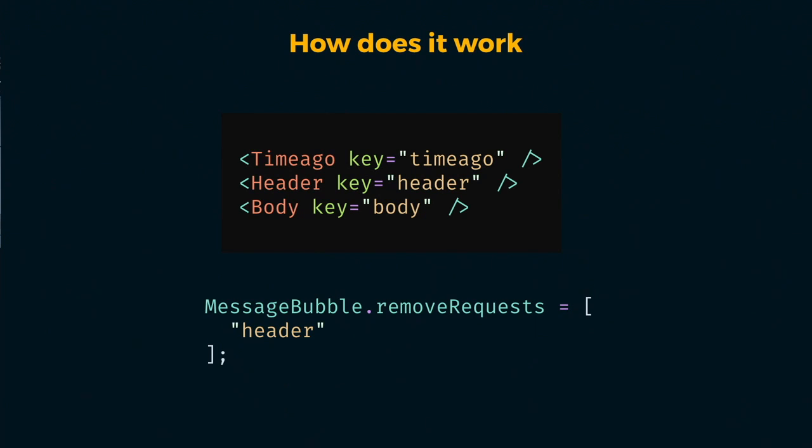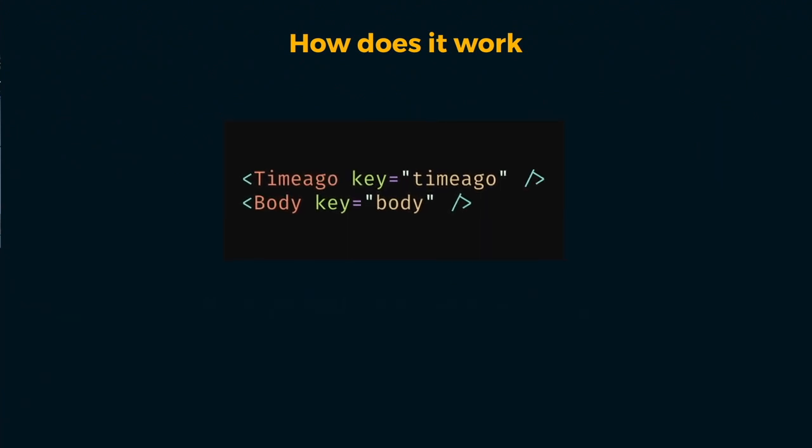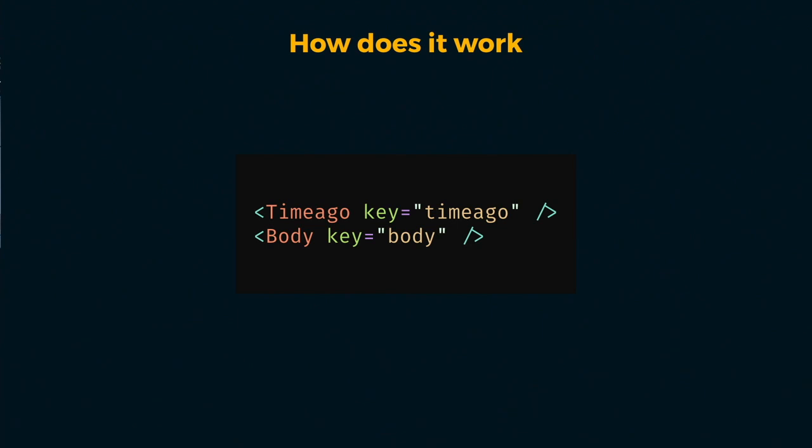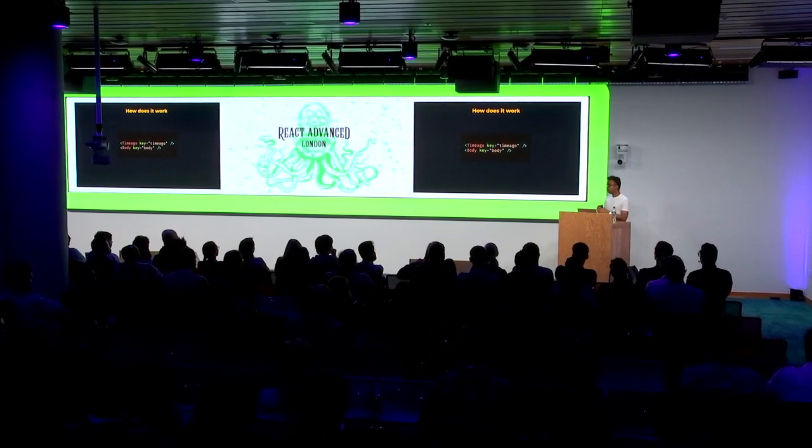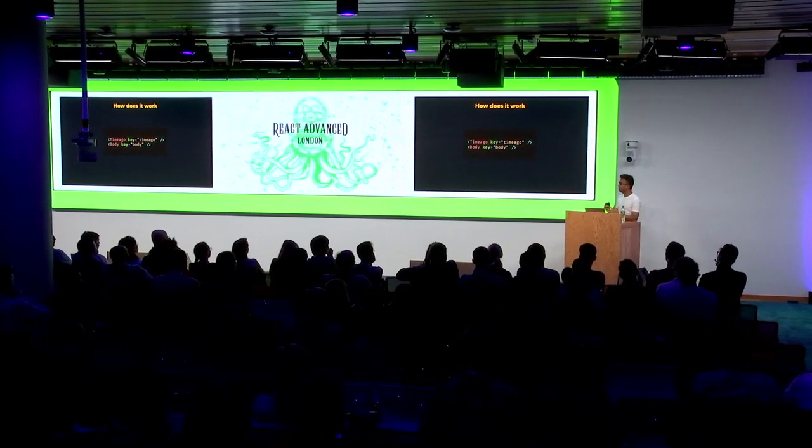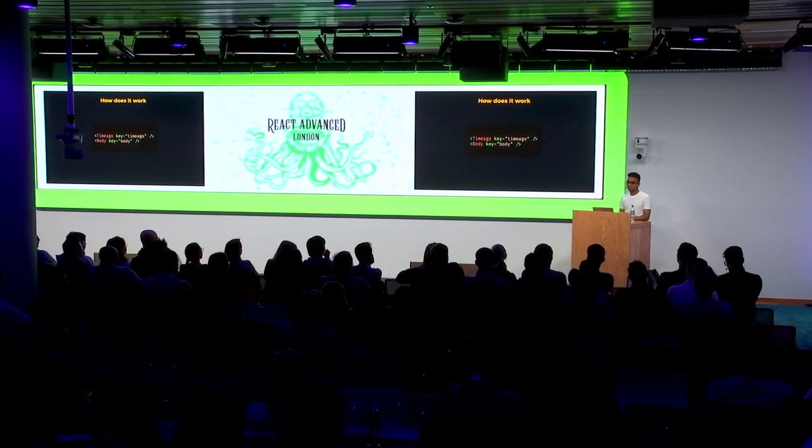So here the header has to be removed. It removes the header, and you get the final child. So this gets rendered. More complications could happen at different stages, but at a top level, internally, this is how programmable components work.